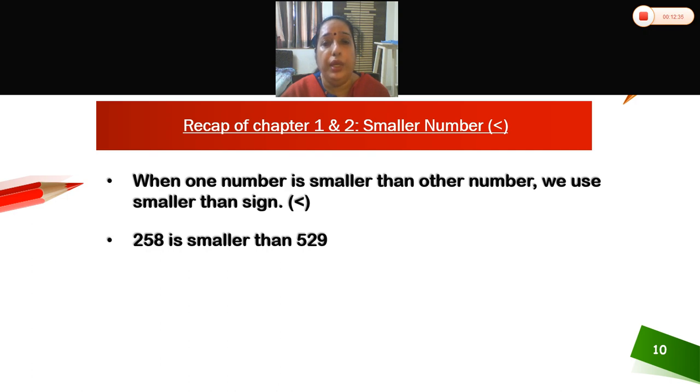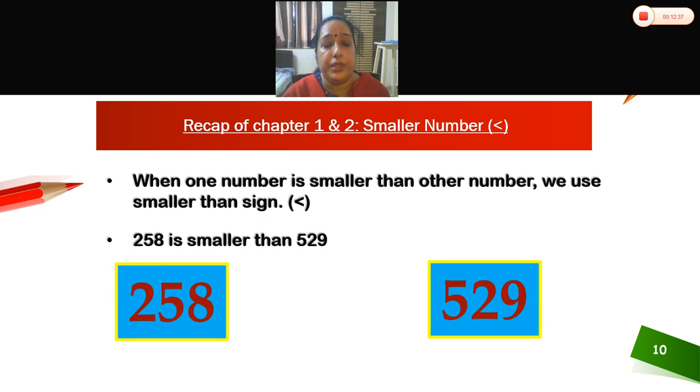Now 258 is smaller than 529. This we are writing in words. But how can we use the sign? See here, 258, you have to put the sign here. Put the smaller sign. Very good. 258 is smaller than 529.